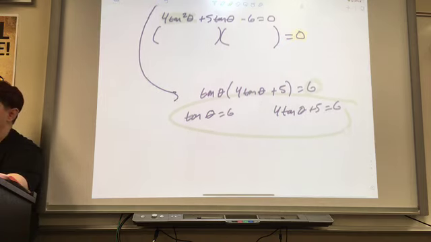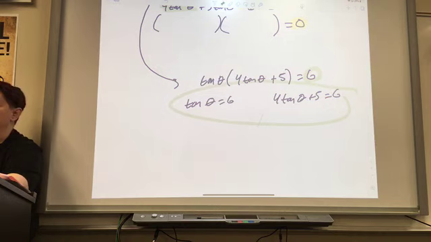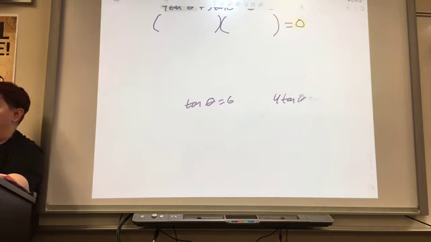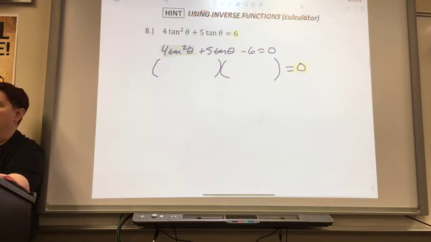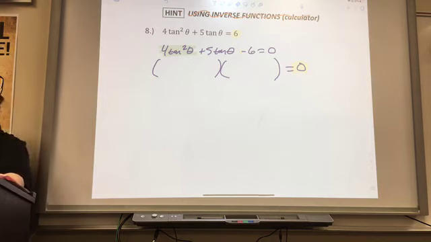Because what you're saying is if something times something equals 6, one of them has to be 6. That's not true, right? Because this could be 2 times 3. So it only works for 0 because if 2 things multiply to make 0, then one of them has to be 0. Okay? So you cannot factor unless it says equals 0.